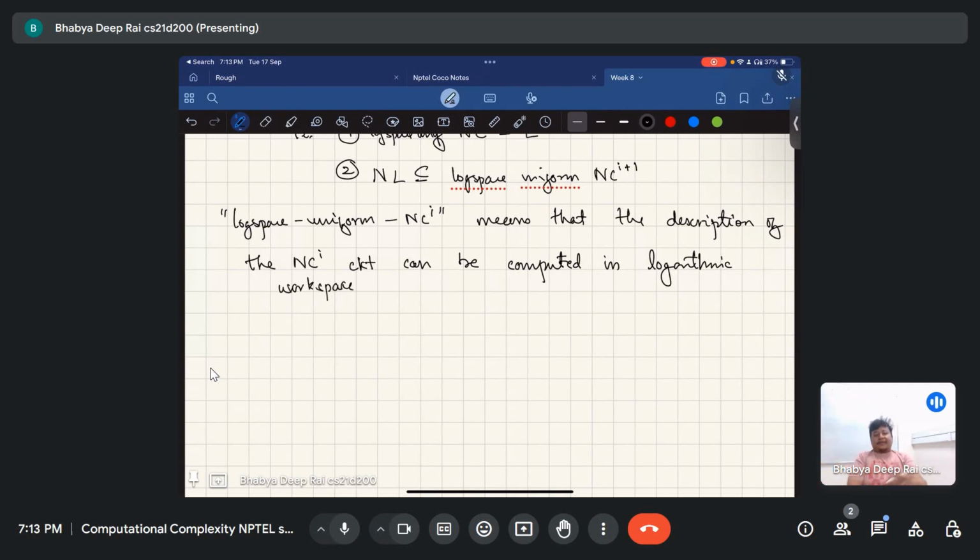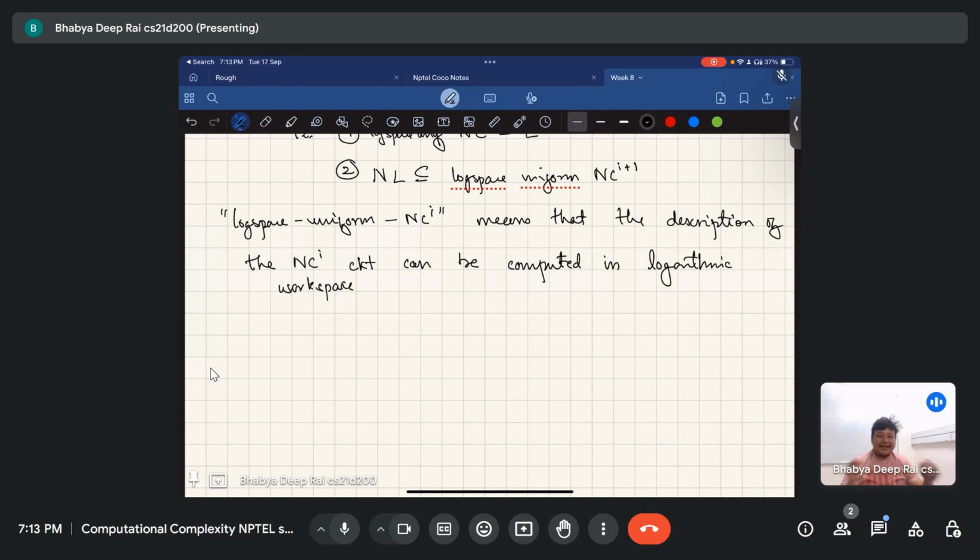Now, of course, since I have log space only, I cannot write the entire circuit. NC^i circuit is polynomial size, so maybe I'll require polynomial space, right? So what does it mean that it can be computed? The description can be computed in log space.